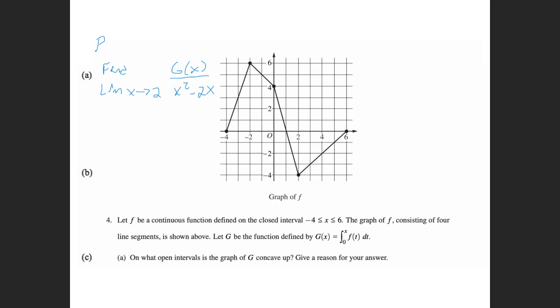So it wants a limit. Okay, so I'm just going to give you a couple minutes just to sit and think about it and see what you would do.